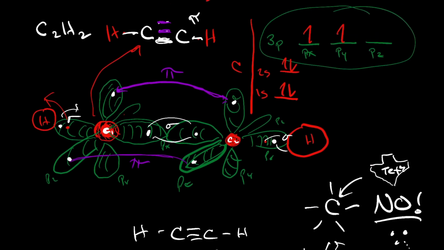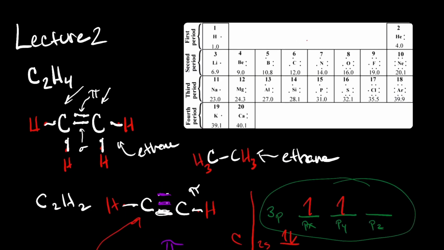You can't put 5 bonds onto this. There's no place. There are no more orbitals, and there are no more lobes, right? These pretty pictures really do a great job at helping us visualize what's going on. Now, for carbon and these atoms up here, that's a great rule, okay? No 5 bonds.